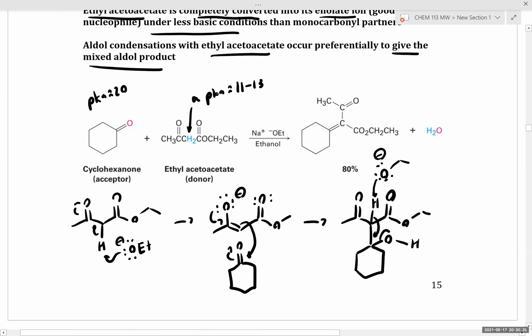Fast, exactly. Does this idea and do these tools for practical mixed aldol reactions make sense to everyone? Perfect.